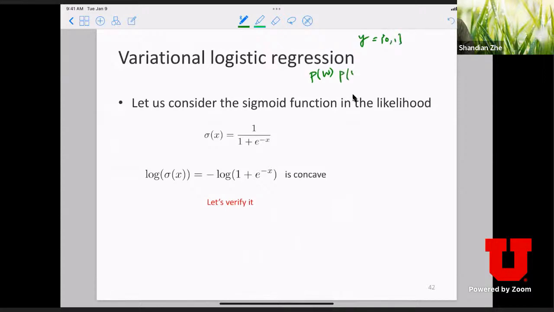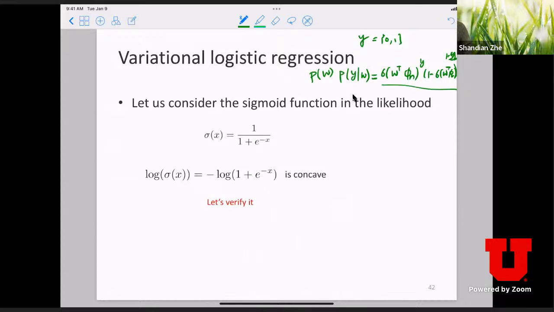Your likelihood is the sigmoid function of W transpose phi n, because you might do some nonlinear transformation of the feature, raised to y, times 1 minus the sigmoid raised to 1 minus y.